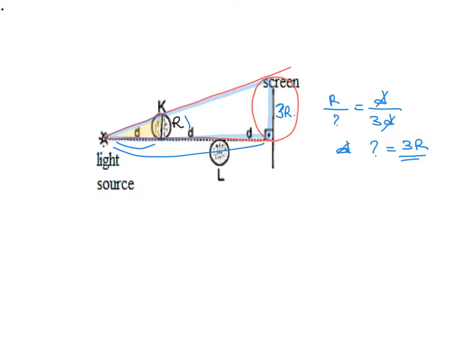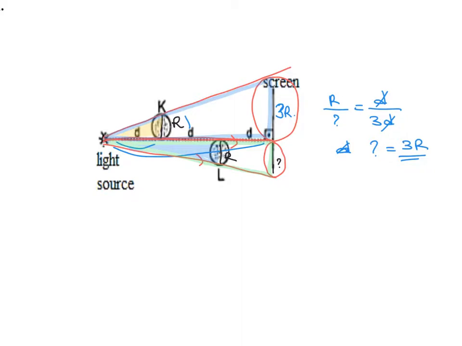Now do the same thing for L. I draw two lines tangent to L. So you see here a small shadow is formed because L is away from the light source. As you get away from the light source, the dimension of the shadow decreases, gets smaller. So let's take the ratio here also. This has R and this is unknown. So here this triangle I have shaded is similar to this triangle.